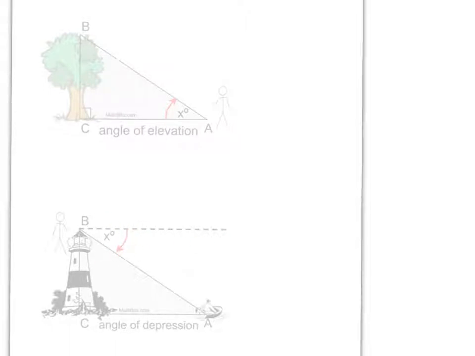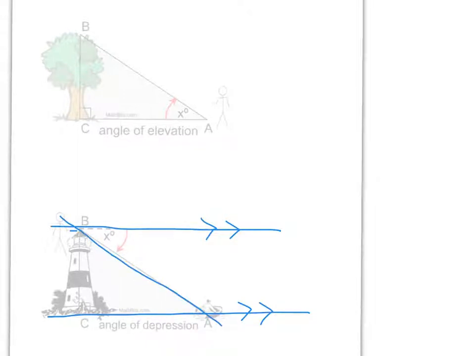Now, what we hope you remember from the beginning of the year is that if we have two lines, so picture these two lines on the angle of depression diagram. Notice that if I connect the horizontal line and the actual ground, they create two parallel lines. And then we have this line going down.